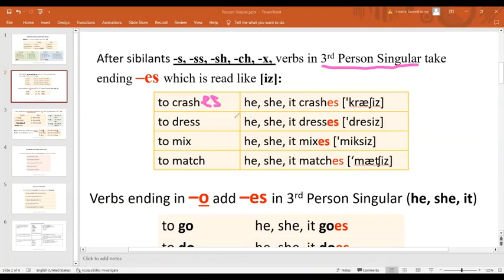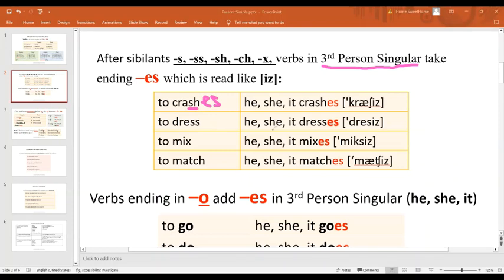And we need to add es after sh ending. We get crashes. I give you time to pronounce it. Test yourself. Say crashes. Crashes.